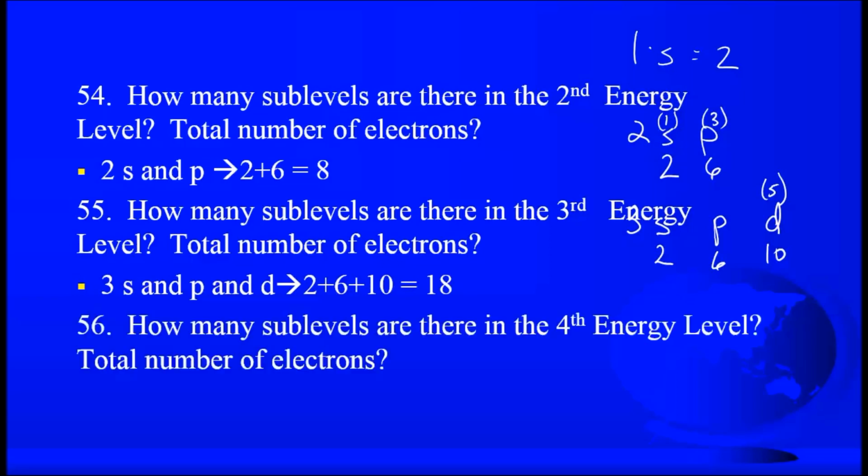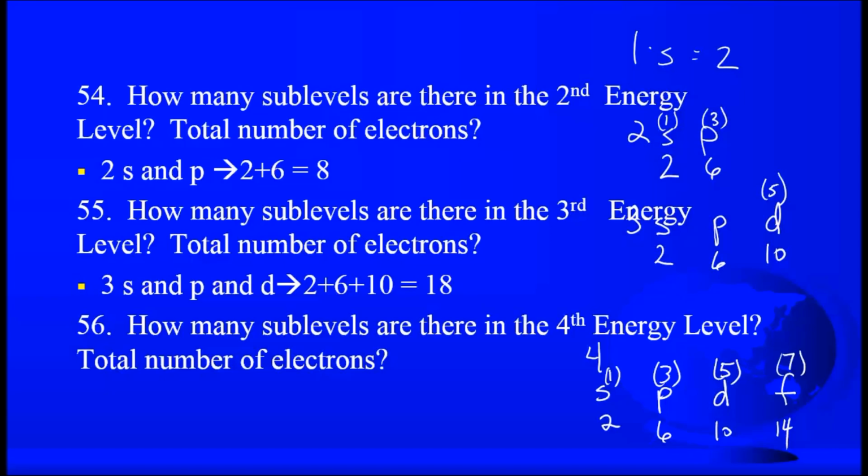What's next? 4th floor. How many types of rooms will the 4th floor have? 4. S, P, D, and F. 1 type of room, 1 room, for a total of 3 rooms, for a total of 5 rooms, for a total of 7 rooms, for a total of?